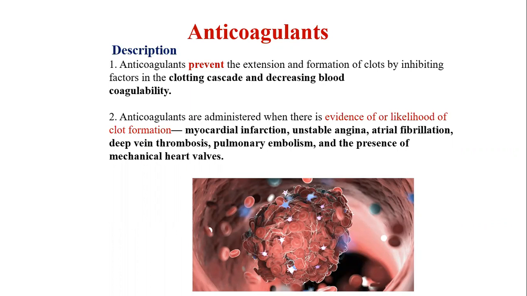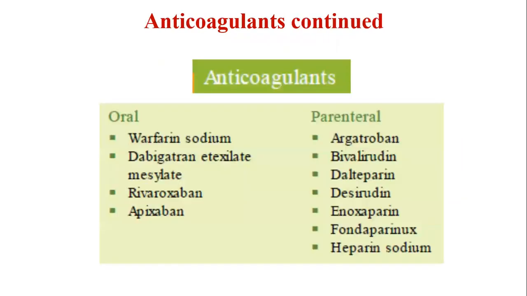So in this picture, you can see this is the blood vessel and clot formation, right? Aggregation of blood cells. Here is the list of anticoagulant names. Some of the anticoagulants are oral and some are parenteral or injectable.